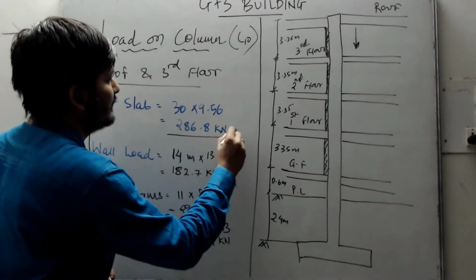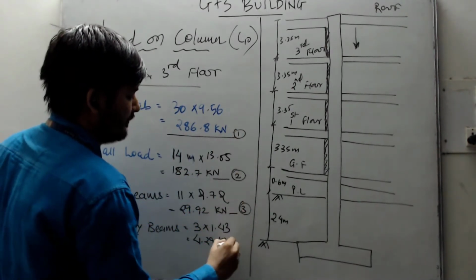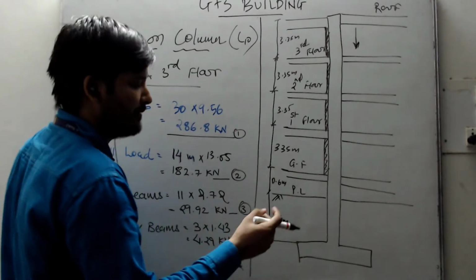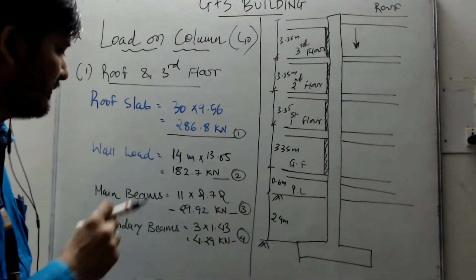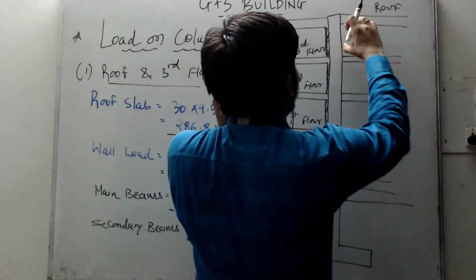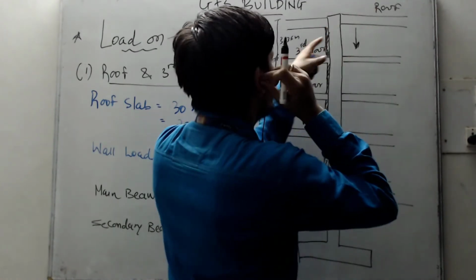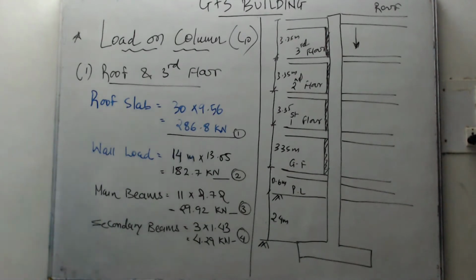So we got load number 1, load number 2, load number 3, load number 4: slab, wall, main beam and secondary beam, right? The total load that is acting on this height, at top between roof and third, is the summation of all these 4 loads.